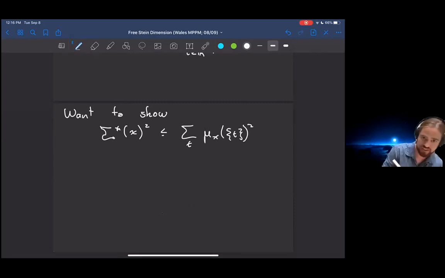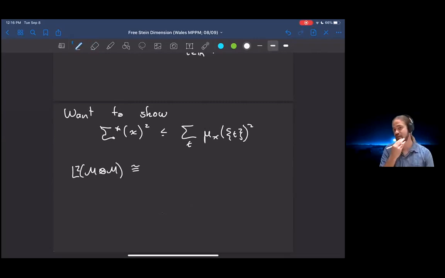Let me just mention here that I'm going to realize L2 of m tensor m. So what is this? This is a tensor product of two von Neumann algebras in a single variable. So we're in the commutative setting. So these are honest functions on the spectrum of x tensor x.